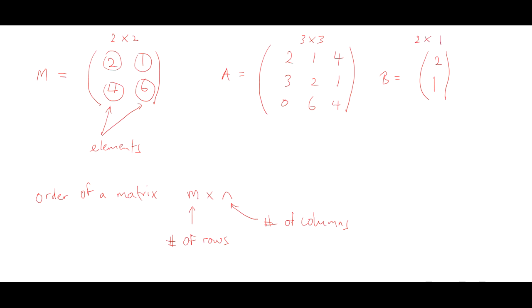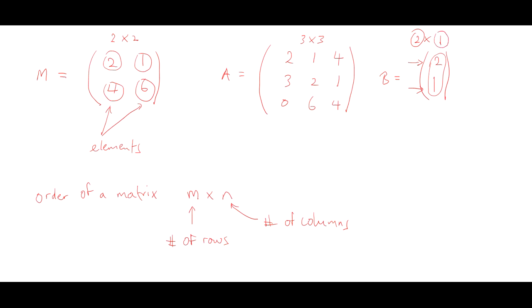Now some students might be looking at this and they may be confused. The first number represents how many rows we have. So in the case of B, this is our first row, this is our second row, so we have 2 rows, and that's why I got 2 here. And we only have 1 column here, and that's why I got 1, right?